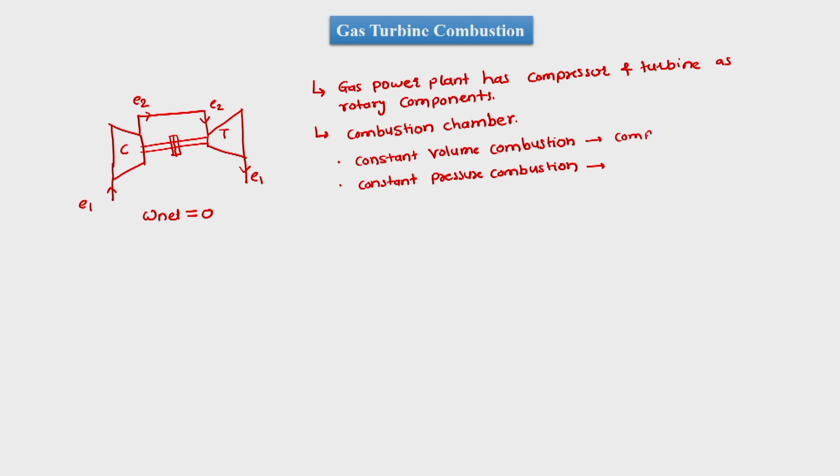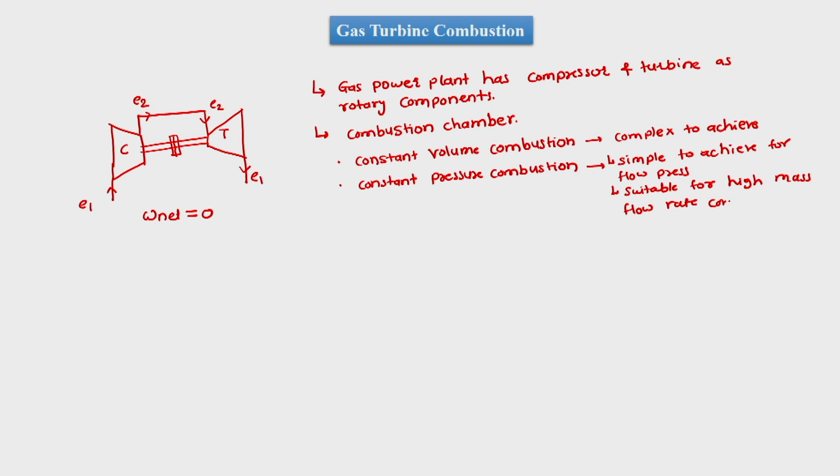So constant volume combustion is complex to achieve, while constant pressure combustion is simple to achieve for a flow process, and it is suitable for high mass flow rate conditions.